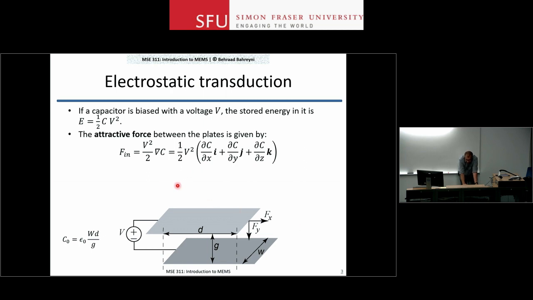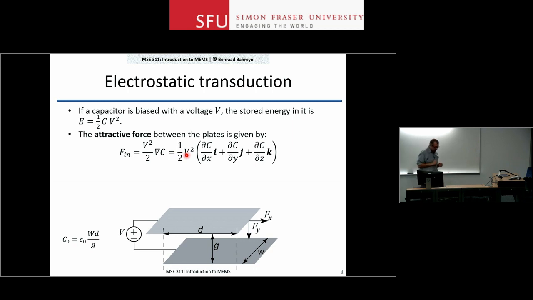In here, the differential operator is going to look at the changes in C, the capacitance, with respect to X, Y, or Z directions. So it's a vector operation times V squared. For a one-dimensional situation where you have a change only in x, it's going to be dC over dx times V squared.